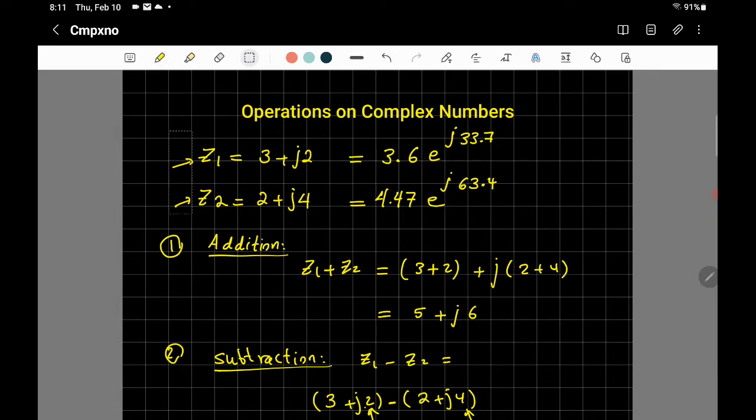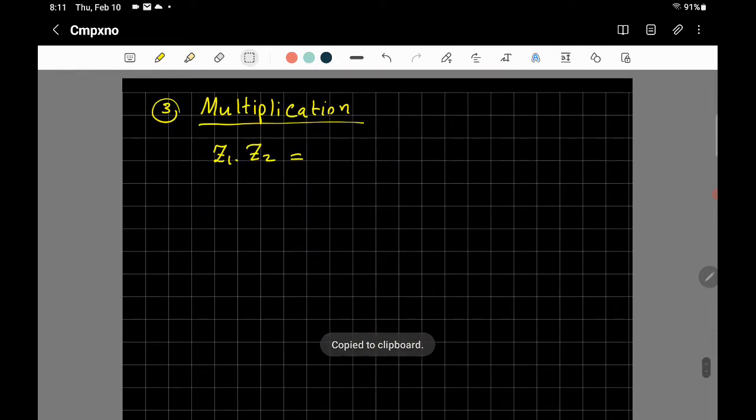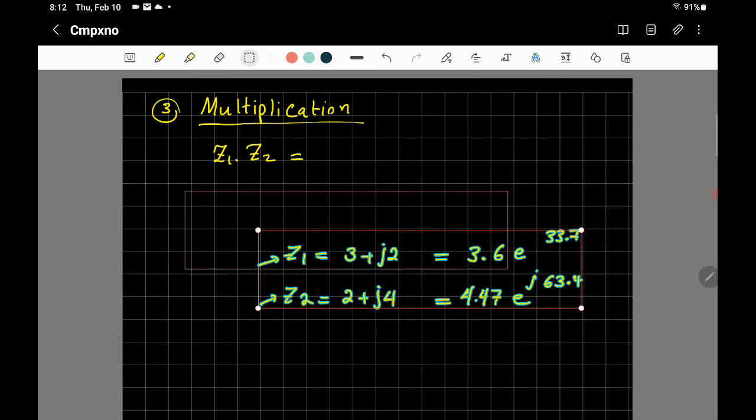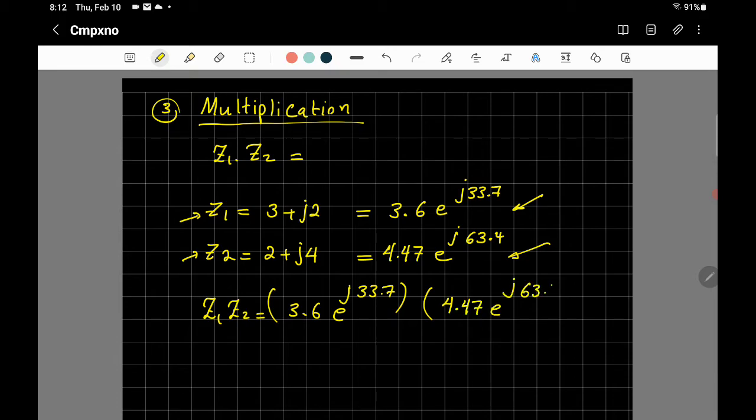Let's just take a copy of z1 and z2. So to perform the multiplication, I'm going to use the polar form. So I'll say z1 z2 is equal to 3.6 e to the power of j 33.7, that's z1, times z2, 4.47 e to the power of j 63.4.